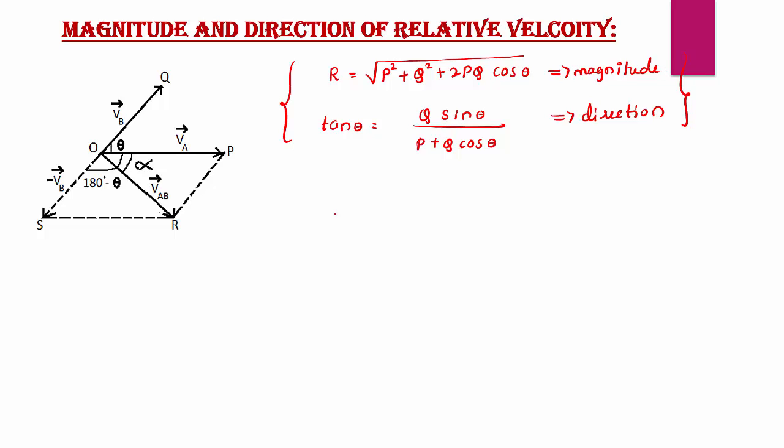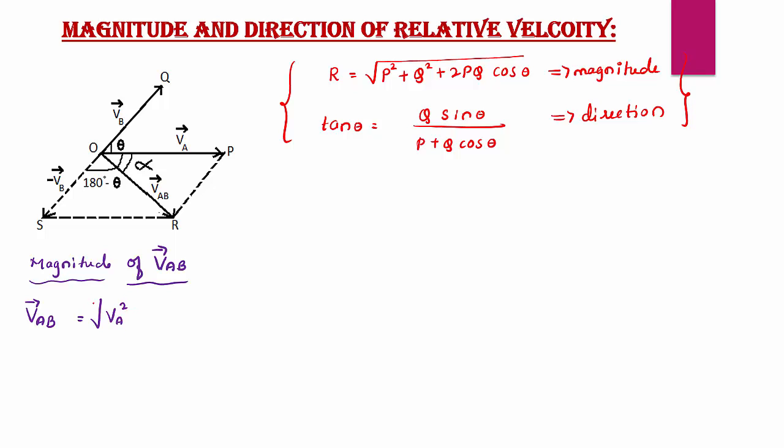Yes, now let us find the magnitude of relative velocity. Magnitude of relative velocity means VAB. The magnitude of vector VAB we have to find here. Now I am going to write using this expression, r equal to square root of p square plus q square plus 2pq cos theta. This equation we can use here. So vector VAB, this is the resultant vector r, is equal to square root of, in place of p square I am going to write VA square.